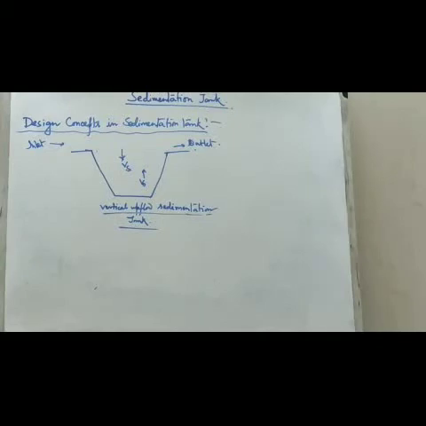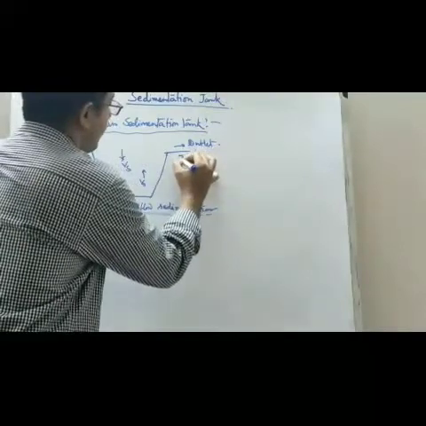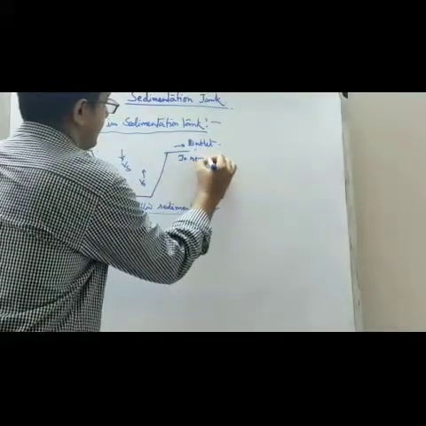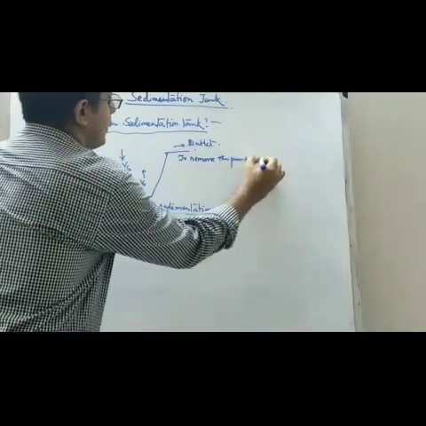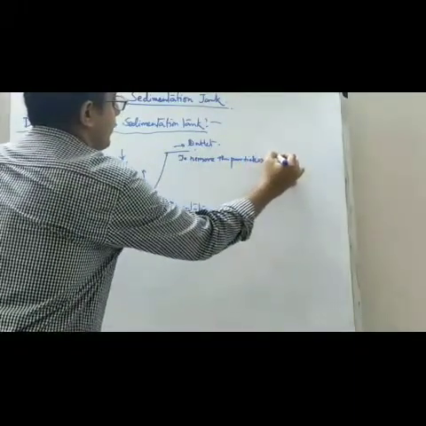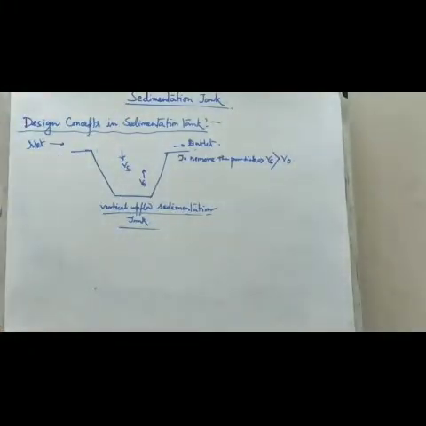Evidently, if the particle is to be removed from the bottom of the tank and not go out in the clarified water, then the particle settling velocity must be greater than the rising liquid velocity. So to remove the particle, what is the condition? The settling velocity should be greater than the overflow velocity.